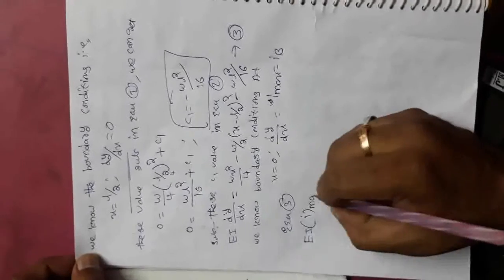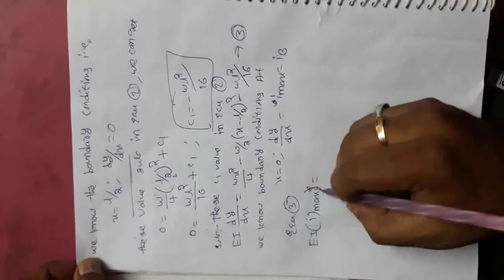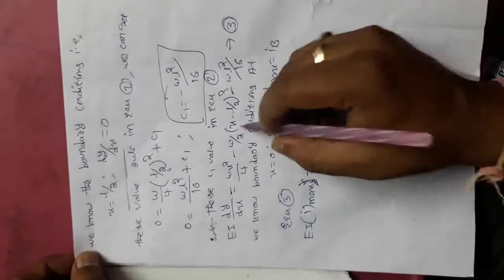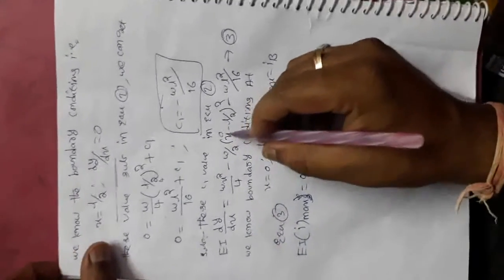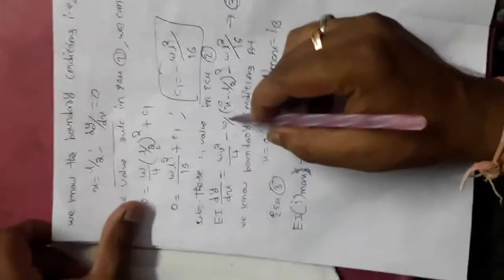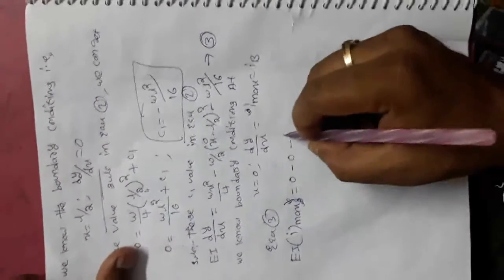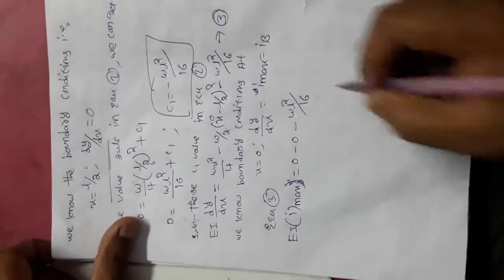So EI dy by dx is nothing but theta maximum or theta B. With x equal to 0, the total value is 0, minus x equal to 0, so 0 into anything is 0. So this is also 0, minus WL square by 16.